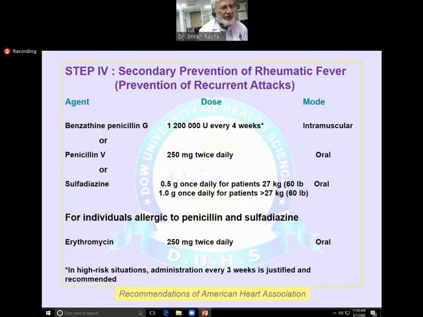For individuals who are allergic to penicillin and sulfadiazine, you can give erythromycin 250 milligram twice daily orally. In high-risk situations, especially in patients who have rheumatic heart disease, you have to administer every 3 weeks. The recommendation is to give the benzathine penicillin G injection every 3 weeks.